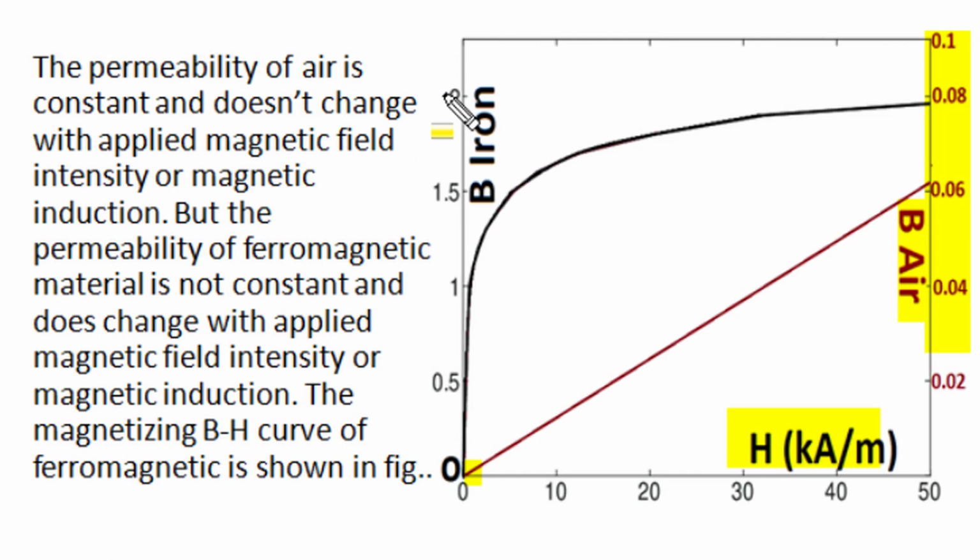Whereas in the magnetizing characteristic of iron material, the B and H curve of iron is not a linear characteristic, which represents variation in permeability of ferromagnetic material when applied magnetic field intensity or working magnetic induction value is changed. So permeability of air is universally constant and will not change with change of B or H, whereas permeability of iron, though high in magnitude and producing higher amount of magnetic induction for the same amount of applied magnetic field intensity, is not constant and will change with change in value of H or B.